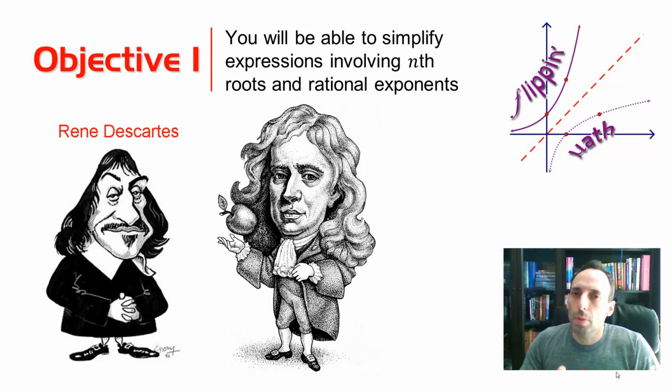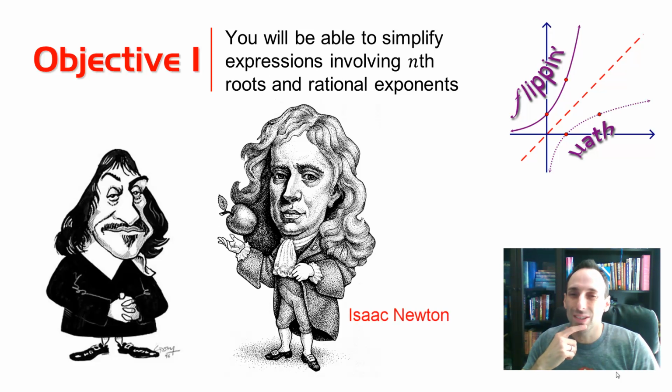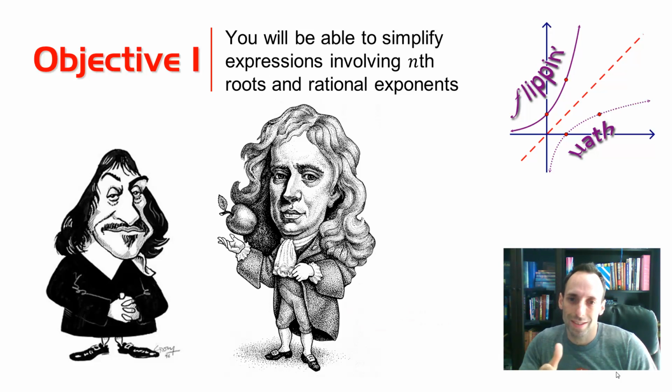However, he only used positive, whole number powers. Then along came this guy, Isaac Newton, a guy who did calculus and lots of stuff in physics and apples. He was the first one to write fractions as exponents. That's that guy, so blame him. Anyway, so not that way, this way.